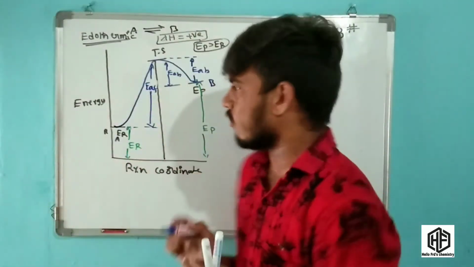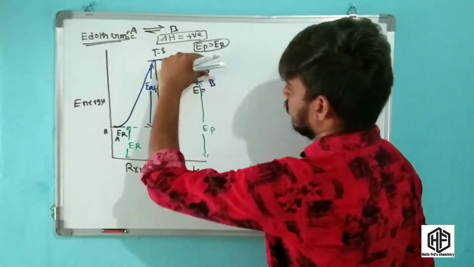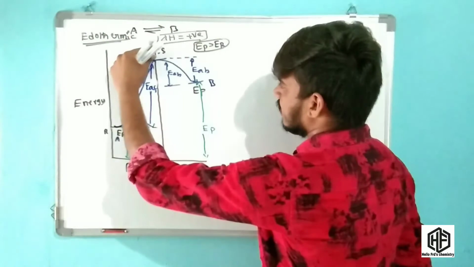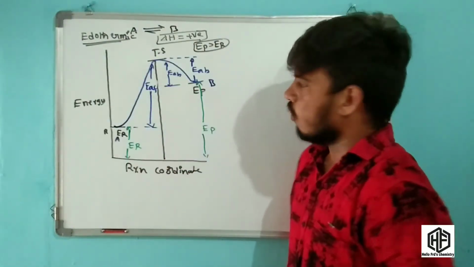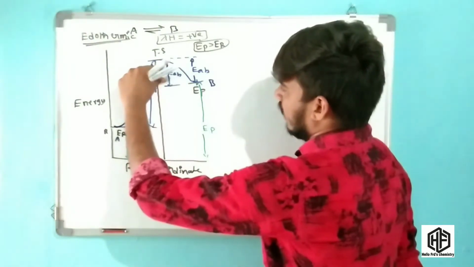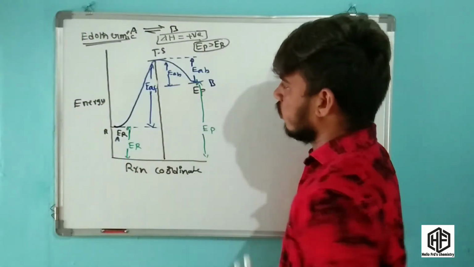But in the backward direction, this amount of energy is required for B to cross this transition state to form these reactant molecules. Okay friends, this is the activation energy of the backward direction. This is the activation energy of the forward direction.